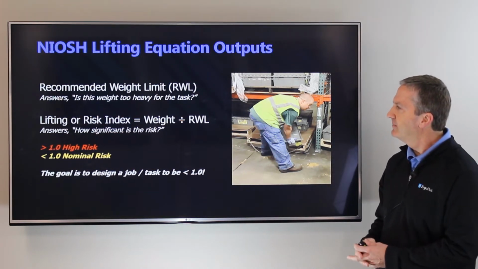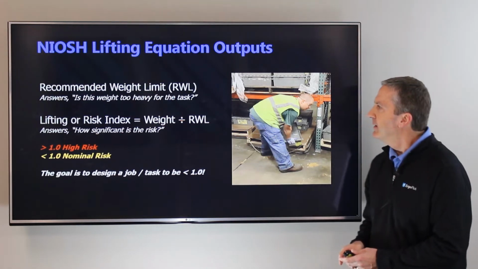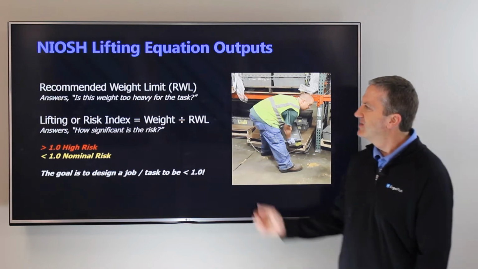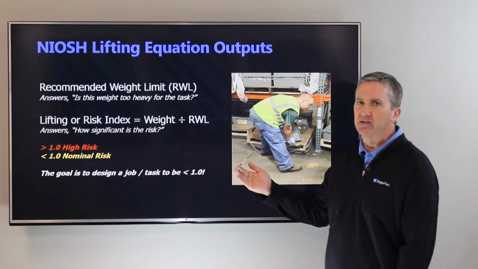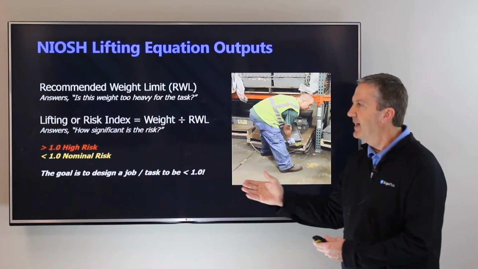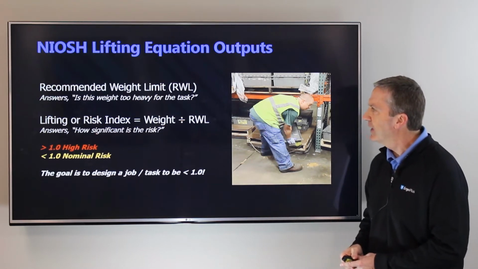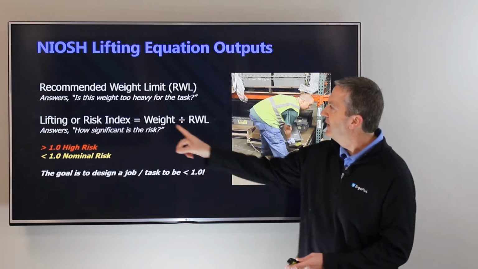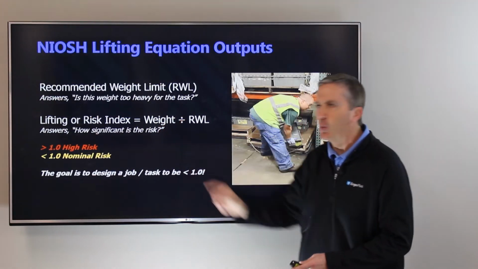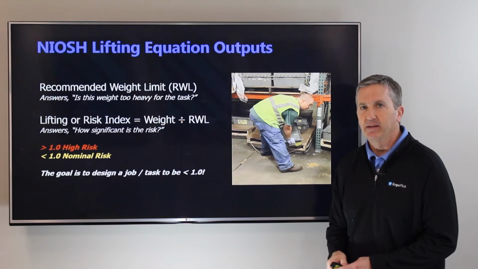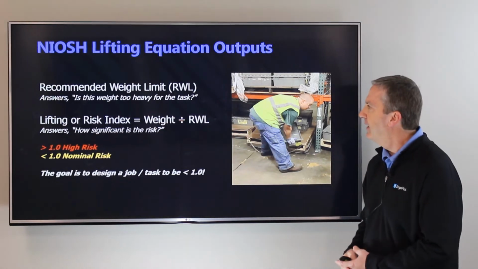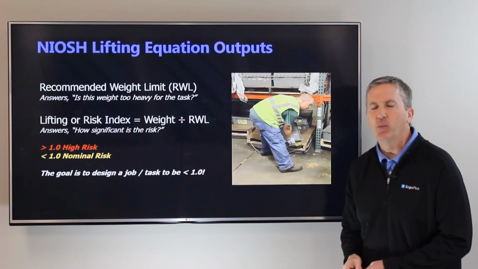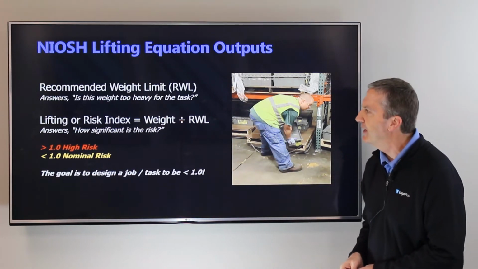The other output, which is very helpful in prioritizing our effort in terms of ergonomic improvement, is the NIOSH lifting index, or the risk index, the degree of risk associated with the task. The lifting or risk index is calculated by taking the actual weight being lifted or lowered, and dividing that by the recommended weight limit after the calculations are made.